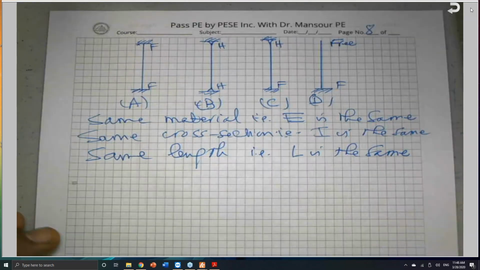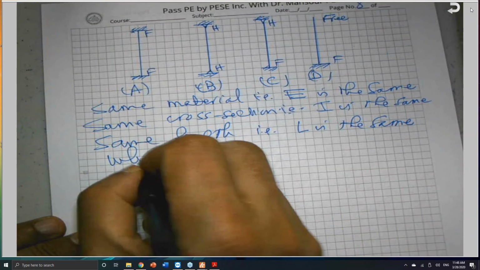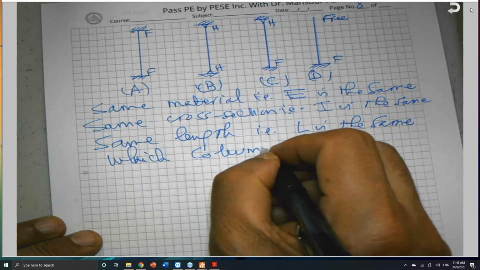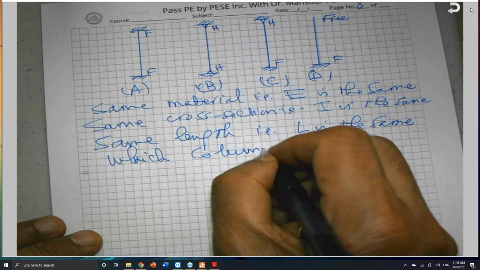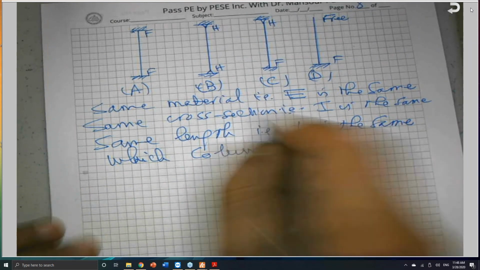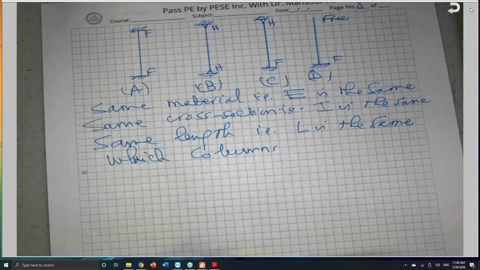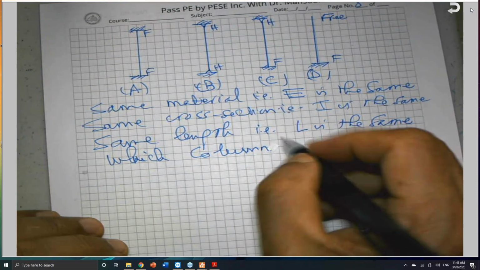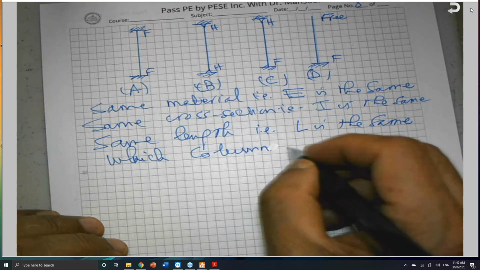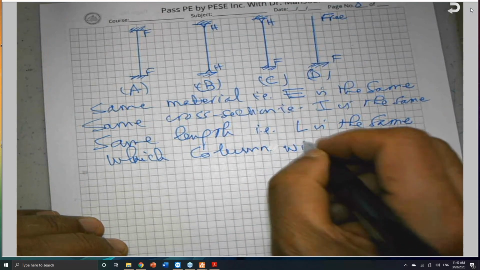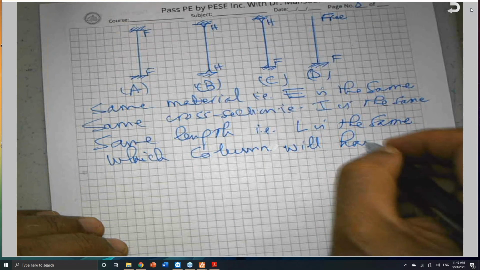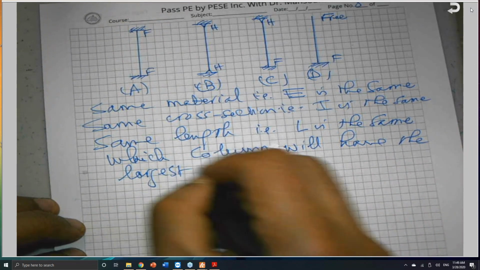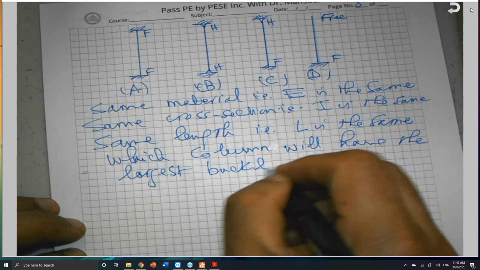The question is: which column, only one column, only singular, will have the largest buckling load?